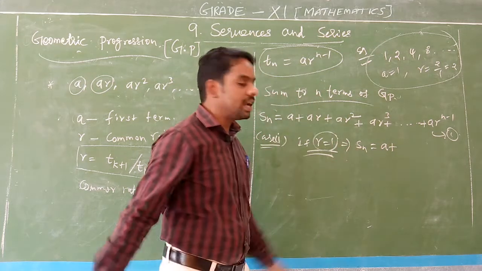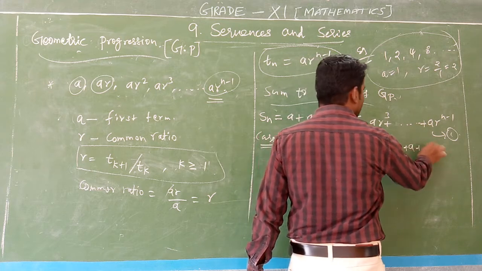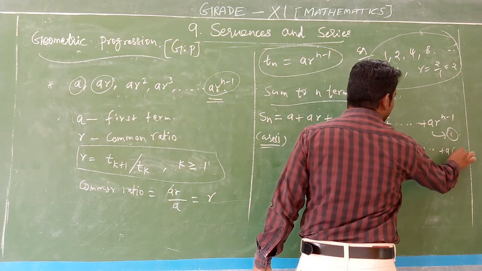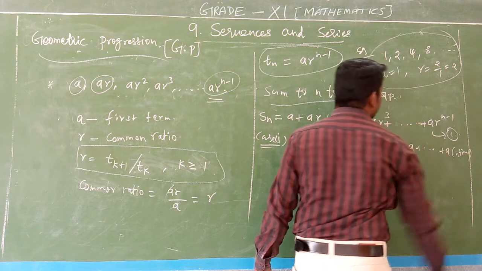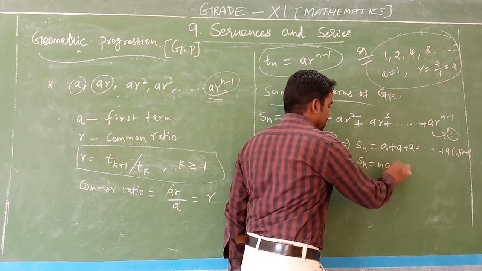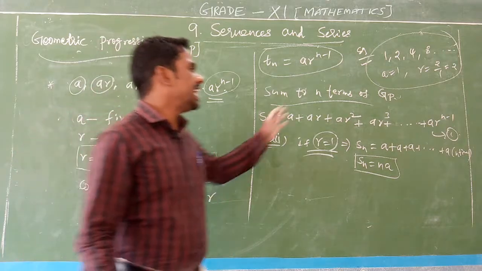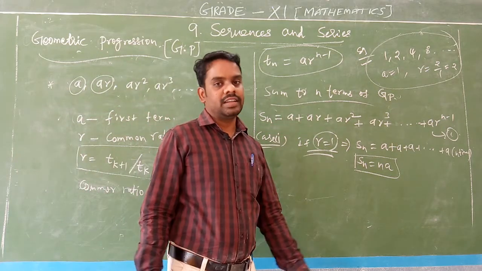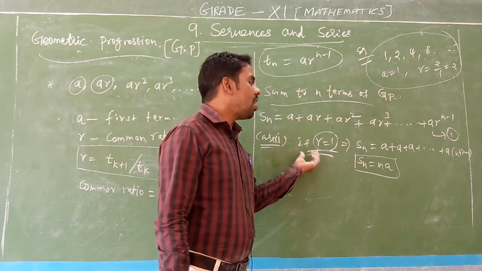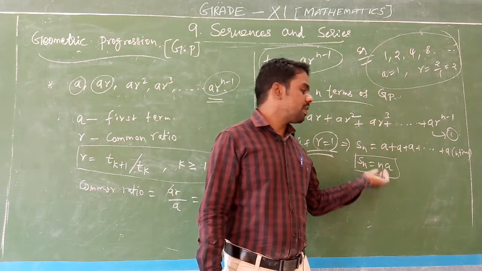So a into 1 is a, plus a, same a, and so on, plus a, n times, that is Sn equal to na. So if r equal to 1, then the sum of the n terms of the geometric progression is na.